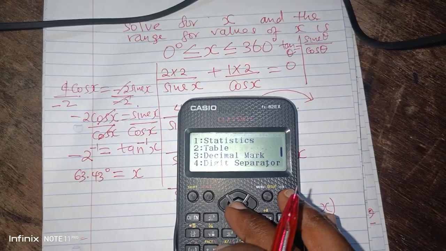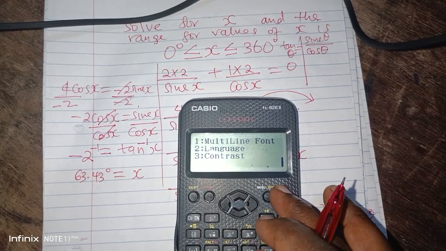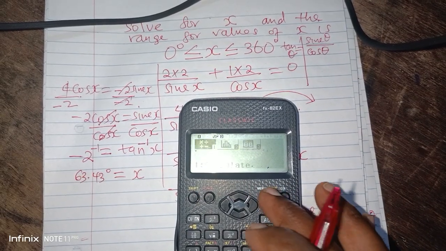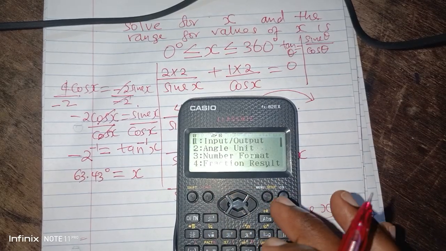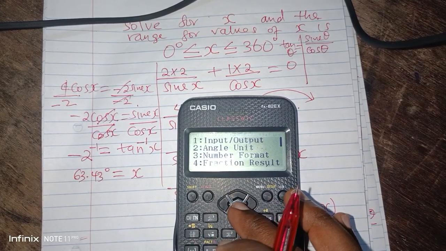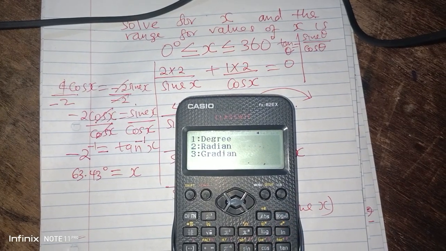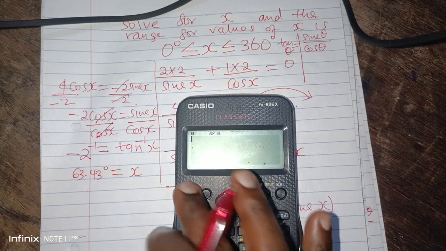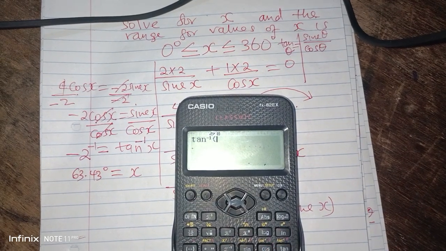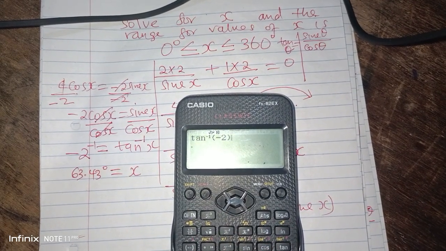Very good. I want my answers to be in degrees. Also number format. Okay, angle unit, fine, 2. So degree, correct. So shift tan of -2.